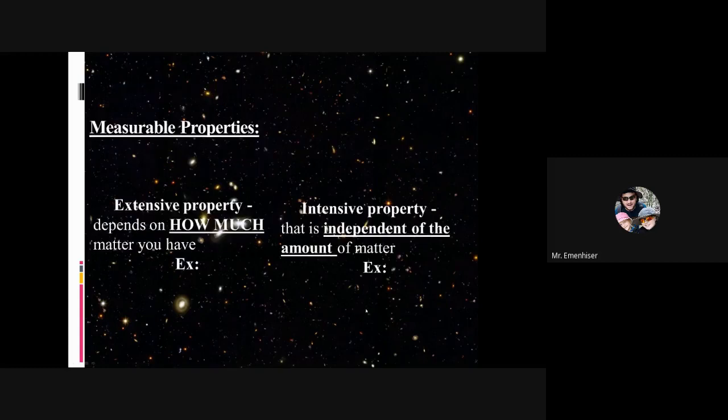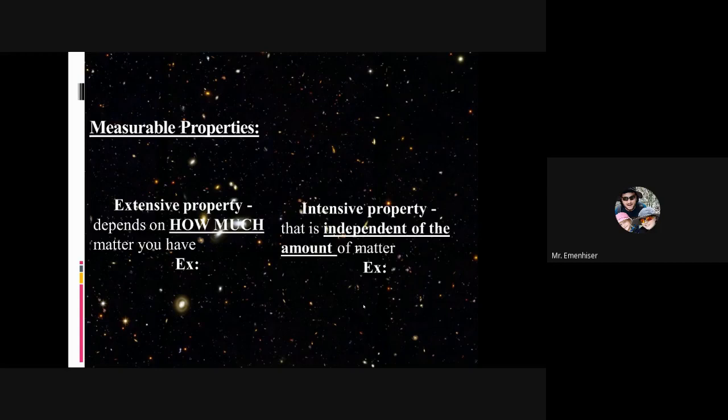All right, measurable property. So if you have different variables that you can measure around you, different observations, there's two types. There's extensive properties, which depend on how much matter you have. An example would be mass. So if I have an object and I weigh its mass, the mass of that object certainly depends on how much of that object I have, right?